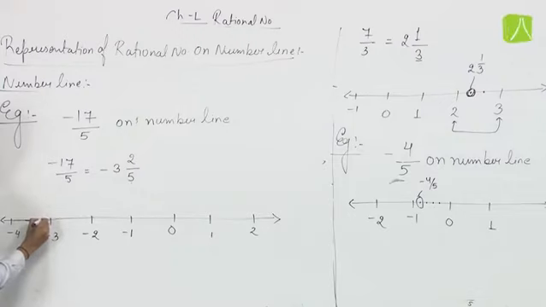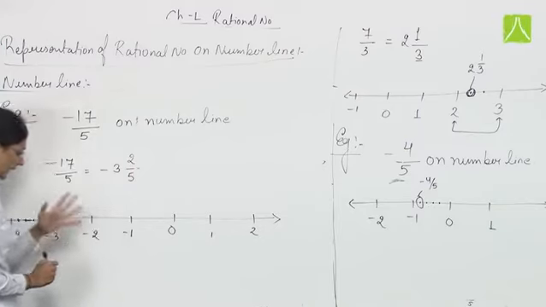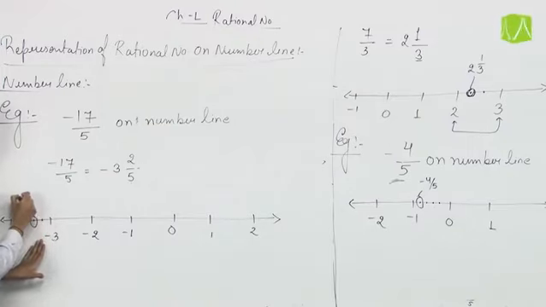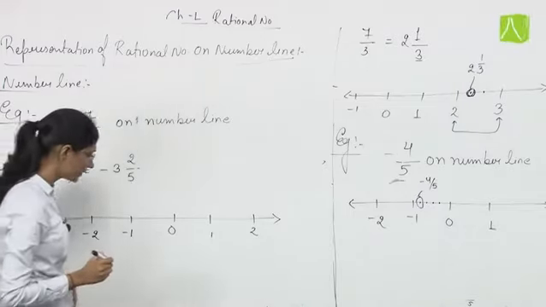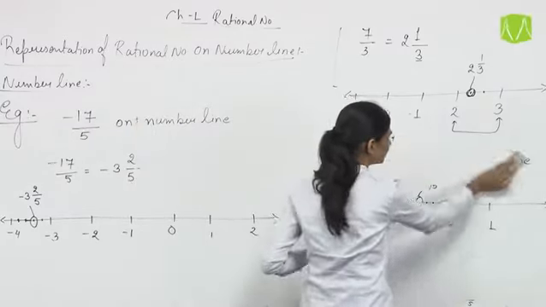First line, 1, 2, 3, 4. Now numerator is 2. Count the second line after -3: first line is 1, 2. This is the second line. This second line will represent -3 2 by 5 on the number line. One more example.